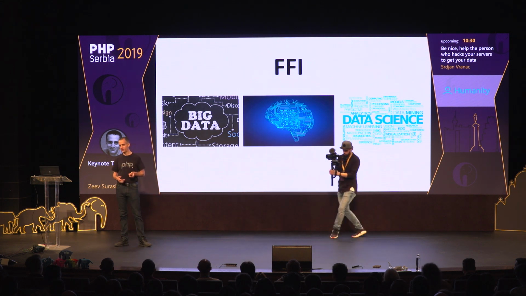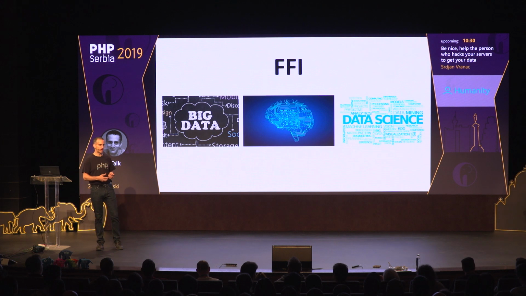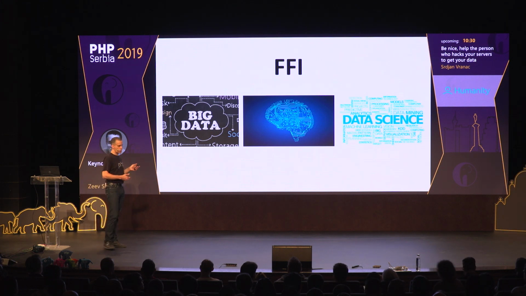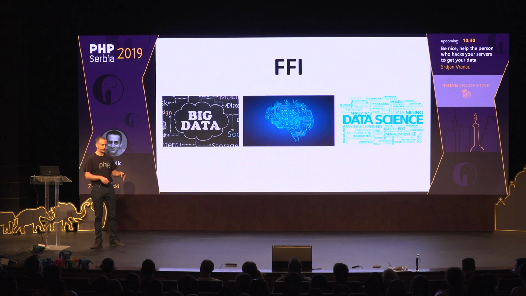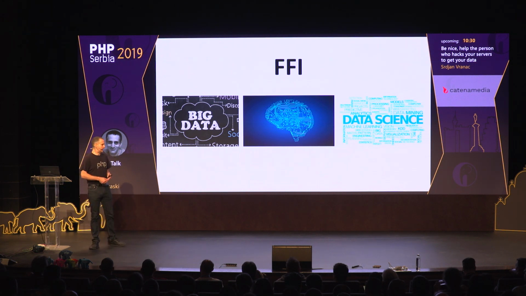In PHP 8, you'll be able to tap into native code libraries without having to write an extension. You'll be able to directly invoke functions and classes in these libraries without having to have C knowledge, or at least have a lot less C knowledge compared to what you need today.